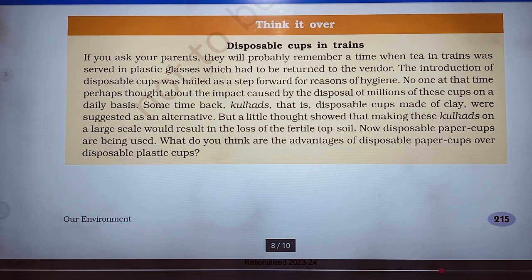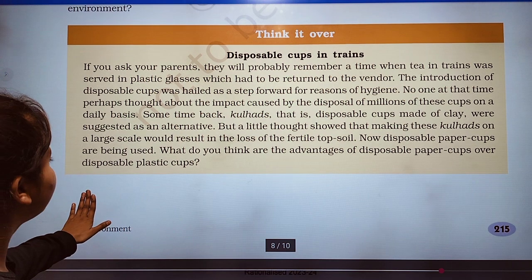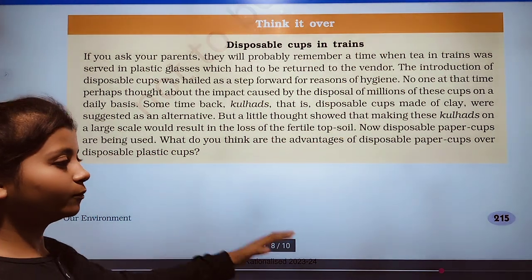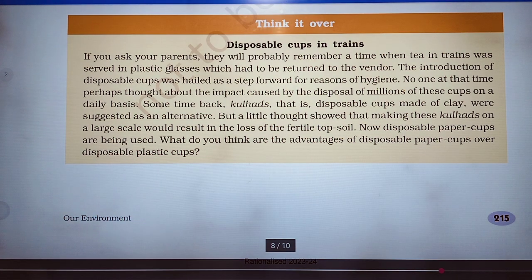Disposable paper cups are hygienic, eco-friendly, and very easy to recycle, whereas the disposable plastic cup is only good in terms of hygiene, but it harms our environment.